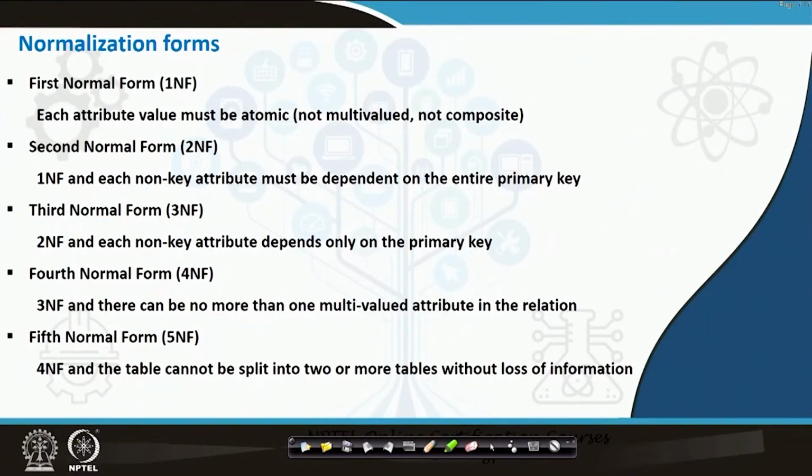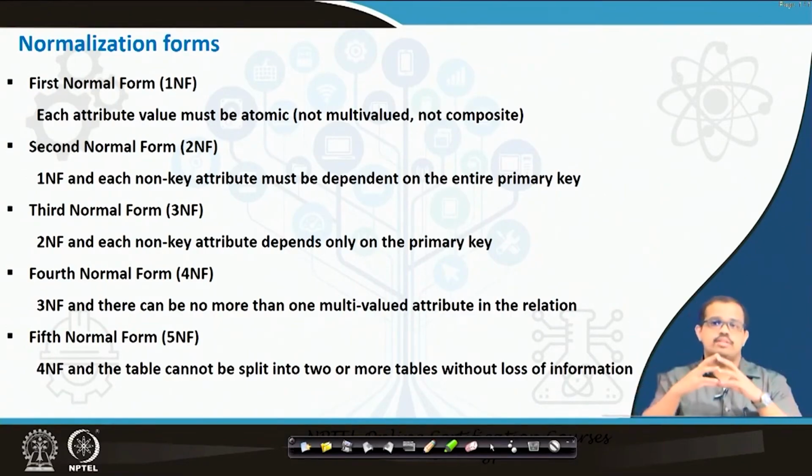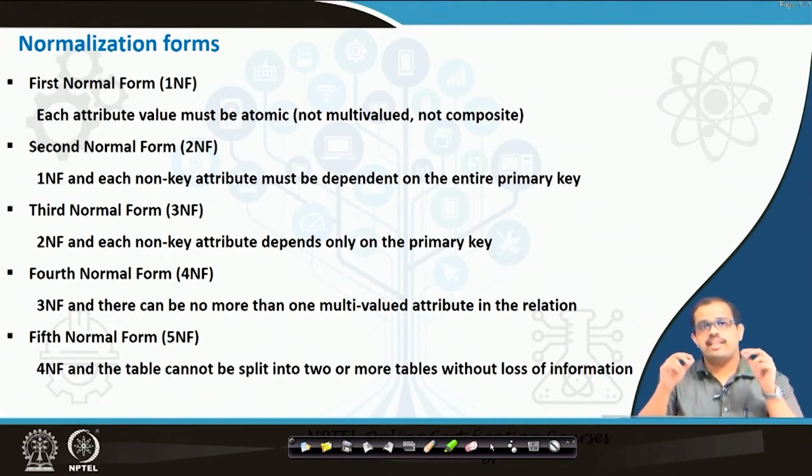Now let us understand normal forms. Normalization is to put the data in order in a database, to see how well your data can be organized, so that retrieval is quicker and you have efficiency in the database. When I say the data is in the first normal form, it means each attribute data must be atomic.